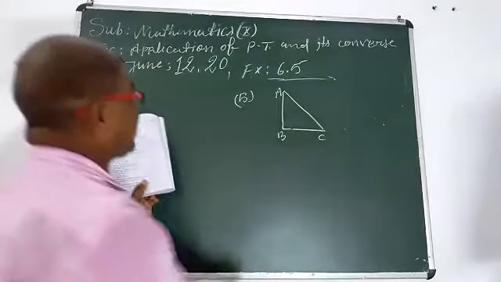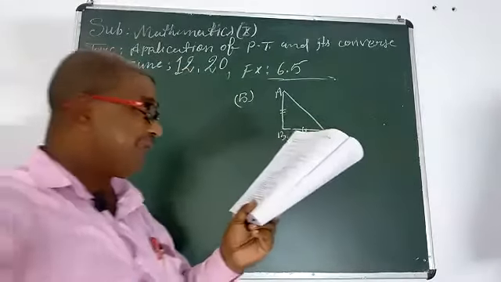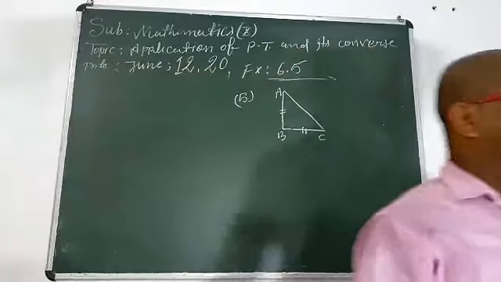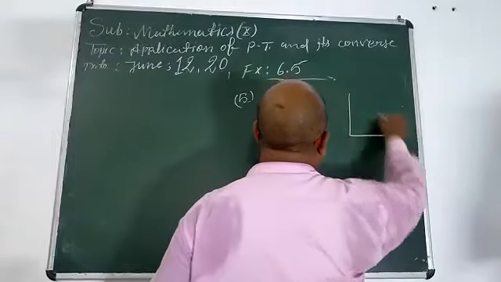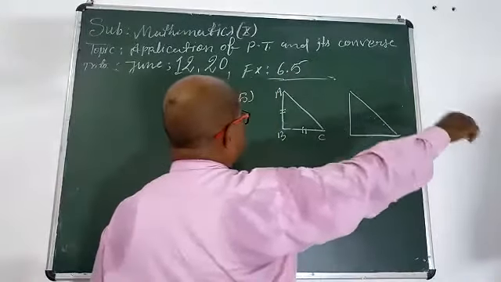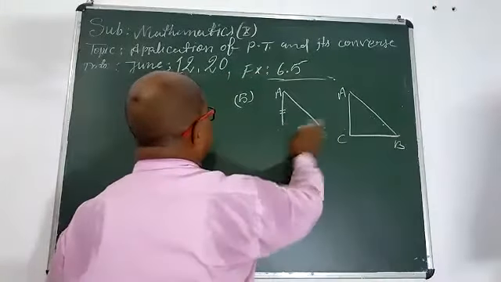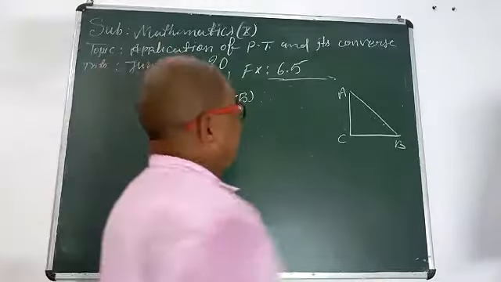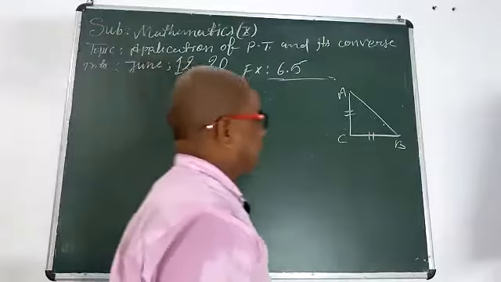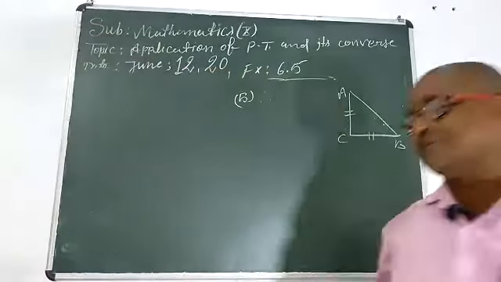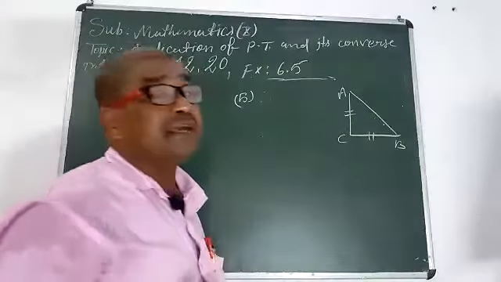ABC is an isosceles triangle, and AC equals BC is given. So the triangle is ACB, you can read it as ABC.